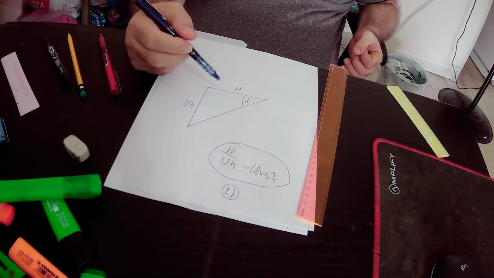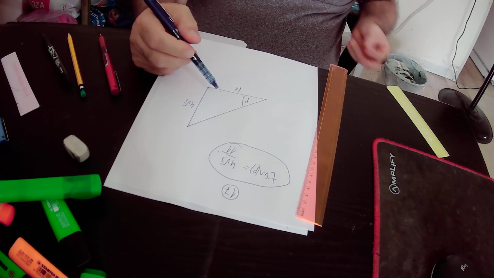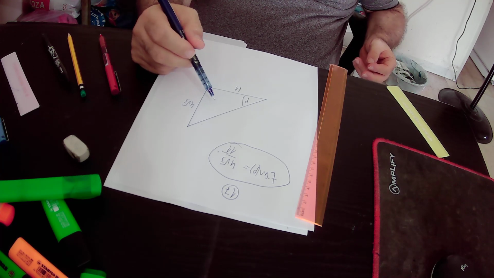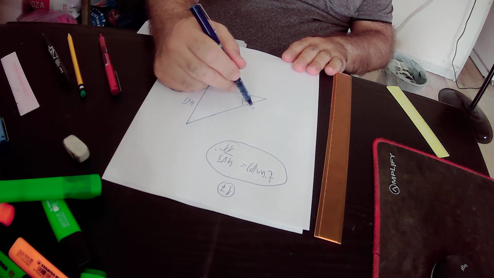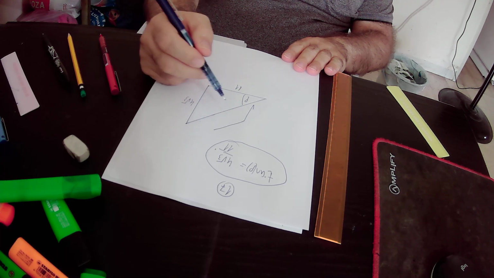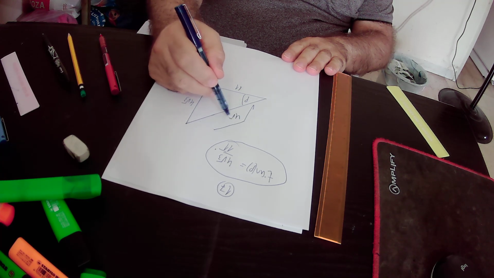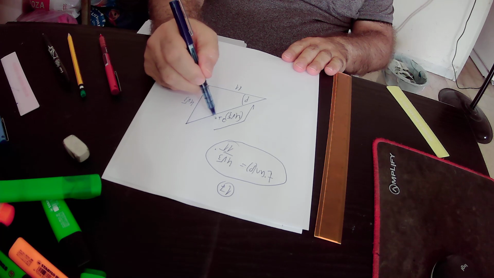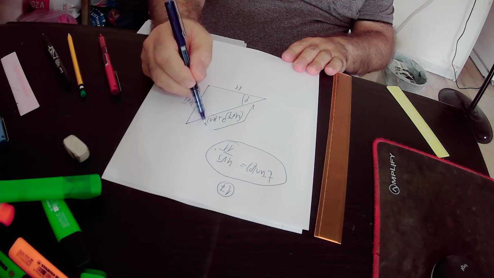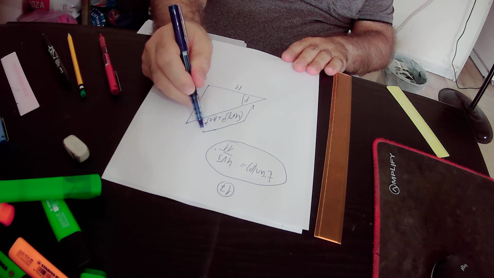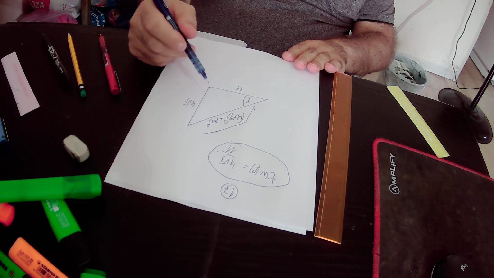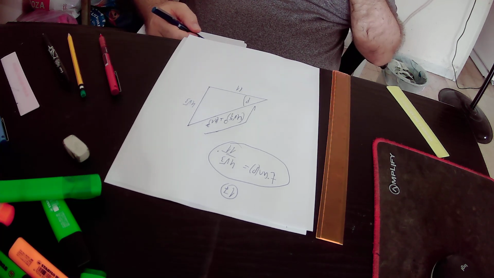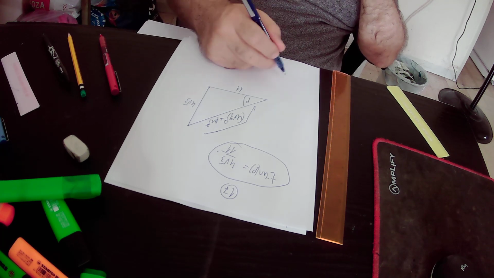And the hypotenuse of this triangle is the square root of (4 times root 3) squared plus 11 squared, according to the Pythagorean theorem, which states that the square of the hypotenuse equals the sum of the squares of the perpendicular sides.